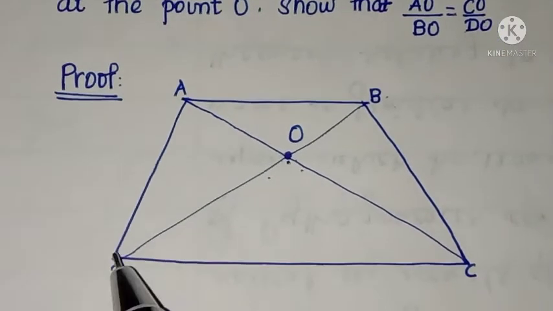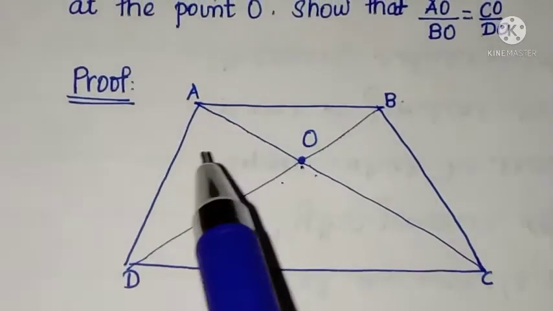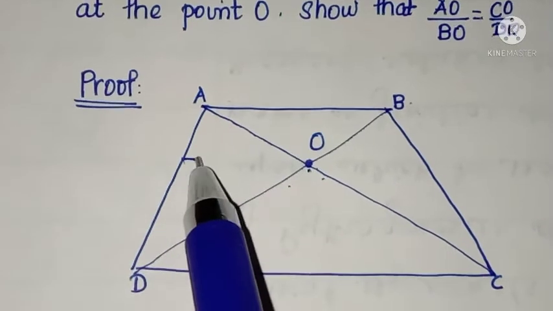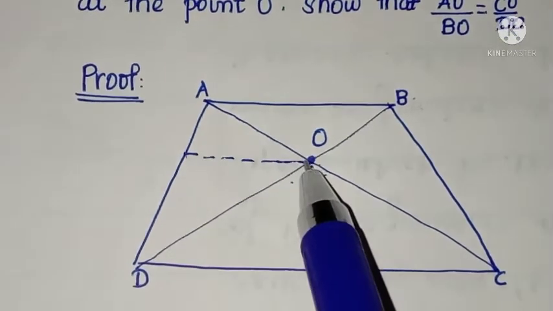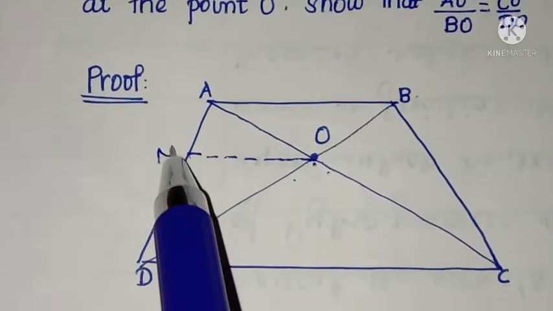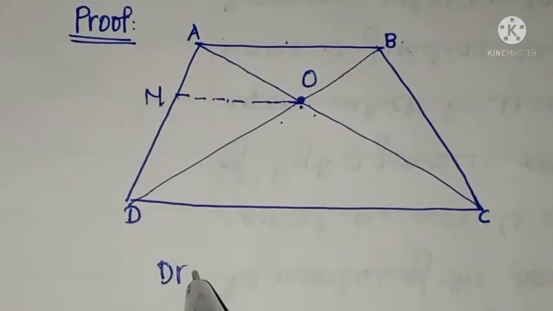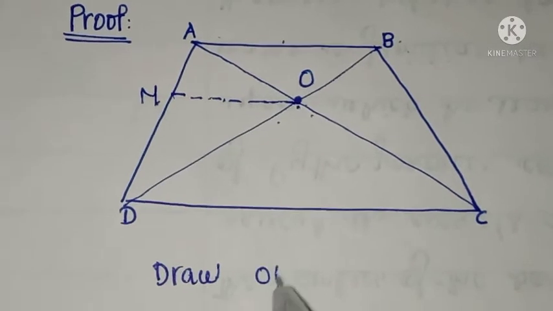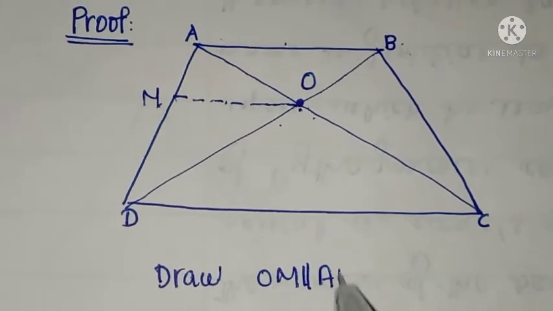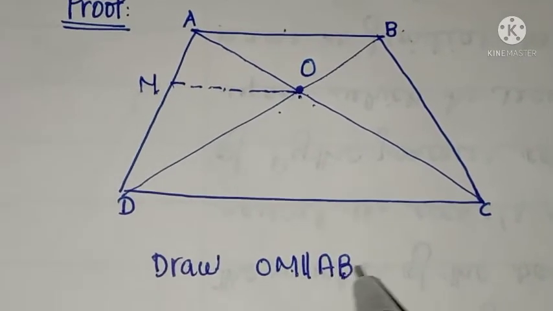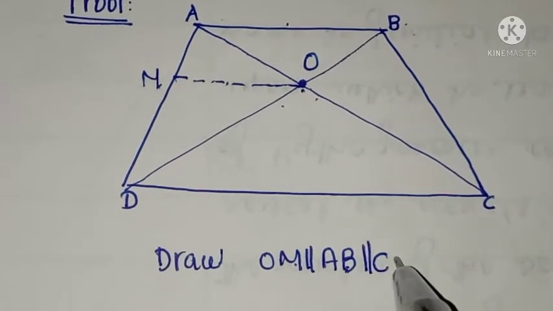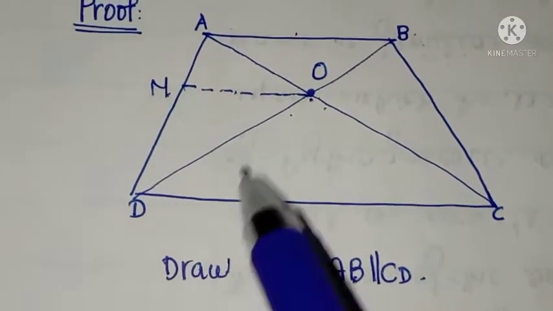Okay. So in this trapezium ABCD, draw a line through the point O, that is OM, which is parallel to AB. So draw a line OM parallel to AB. So parallel to AB means it is always parallel to CD also.